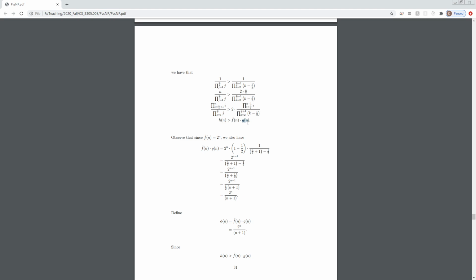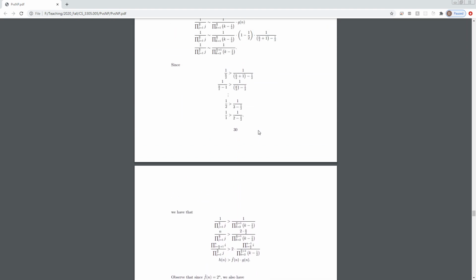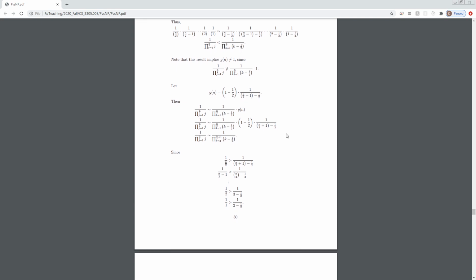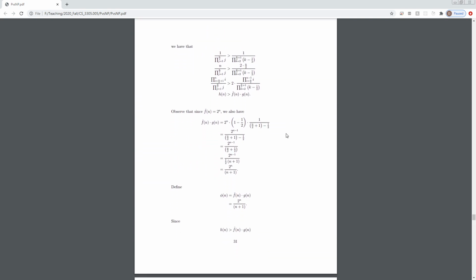And we've identified g of n, which is polynomial. It's the polynomials in the numerator, so it grows on the order of n to the minus 1, which when multiplied by f of n gets us h of n to be greater.